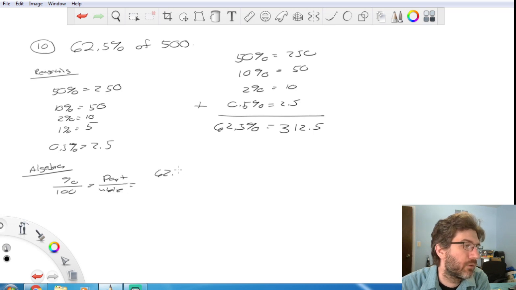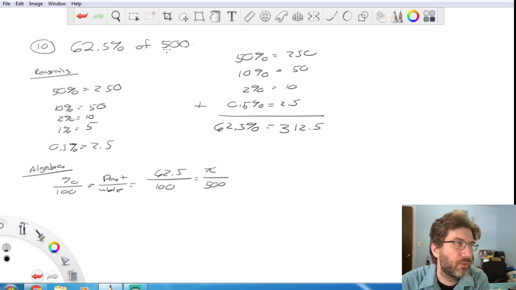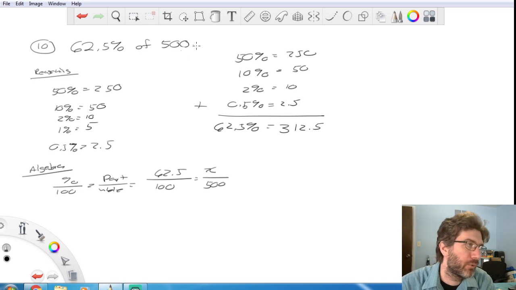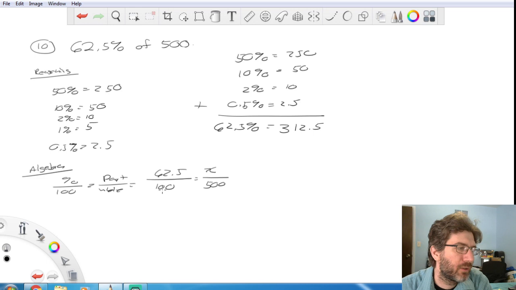Percent is 62.5 over 100 equals part, which we do not know, over whole, which is 500. Again, you just got to make sure that you know that this here is a whole and not a part. I'll give you a trick on how to do that later in the week once we combine all the things we're learning this week to help keep things straight.